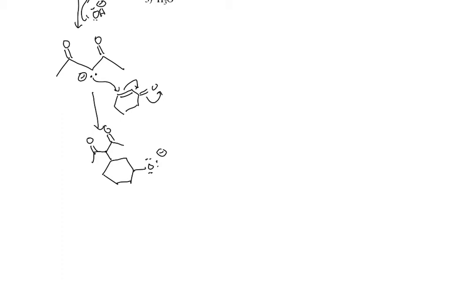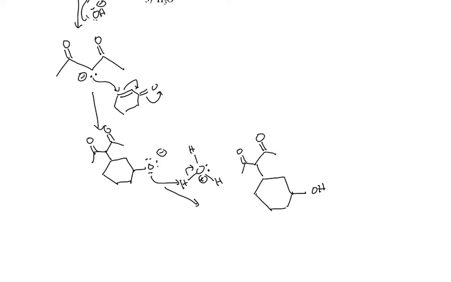Then we'll hit this with H3O+. And I forgot my double bond, right? So I'm sorry to go back. In this step here, I should have put a double bond here and here to give me the enolate.